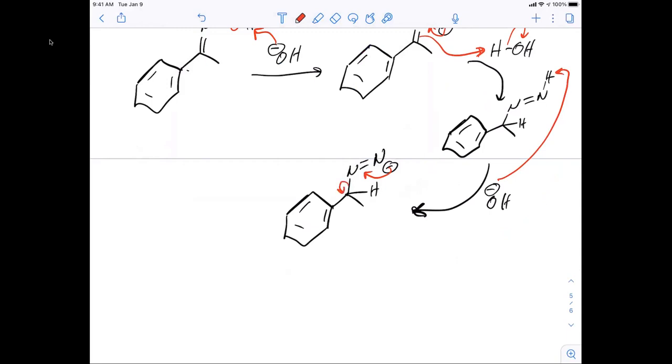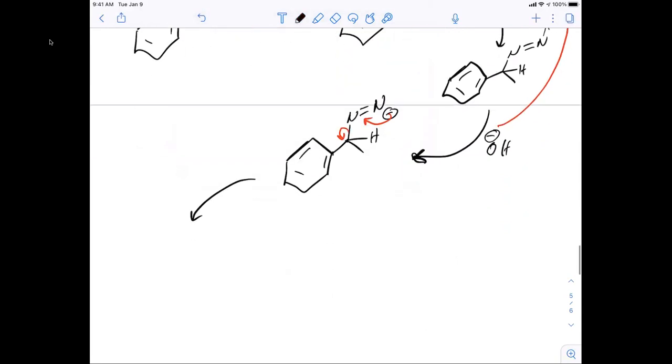The driving force for this is the fact that the byproduct is nitrogen gas. So the entropy here is great. So the entropy is driving this reaction forward to lose nitrogen.